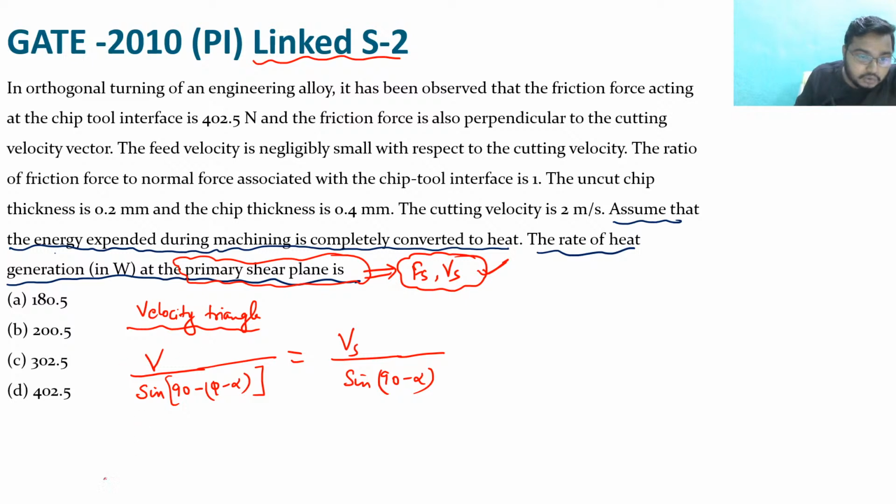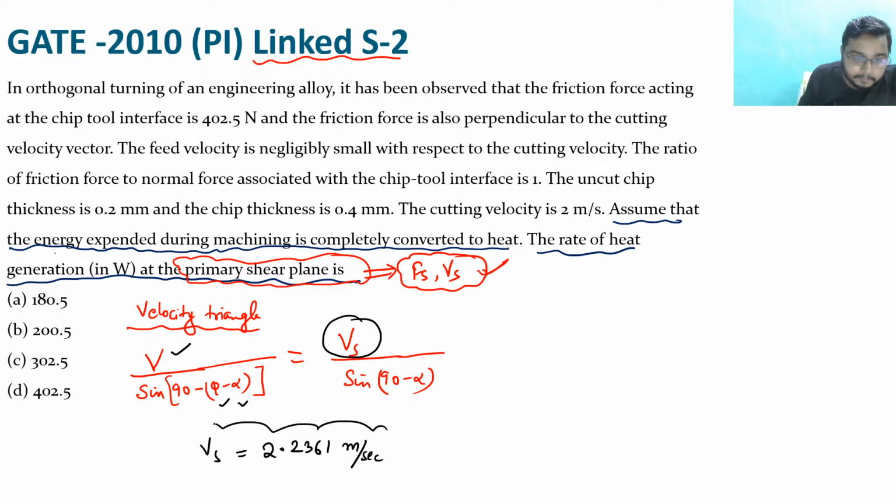Clear? So you know the value of V, you know phi, you know alpha. So from here you can find the value of Vs, right? So the Vs value you will get as 2.2361 meter per second.